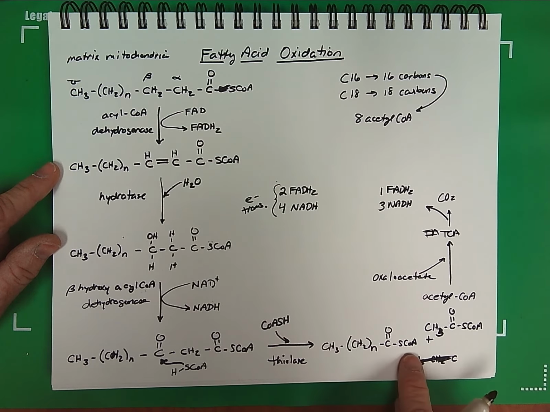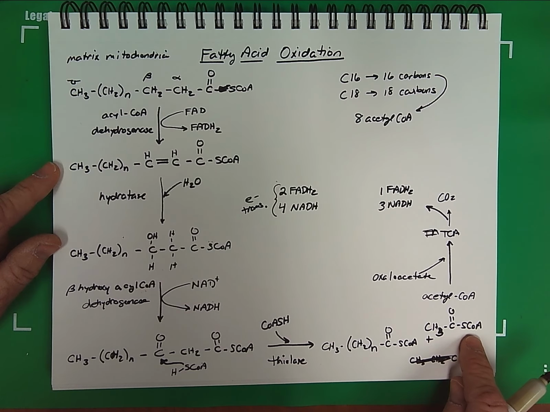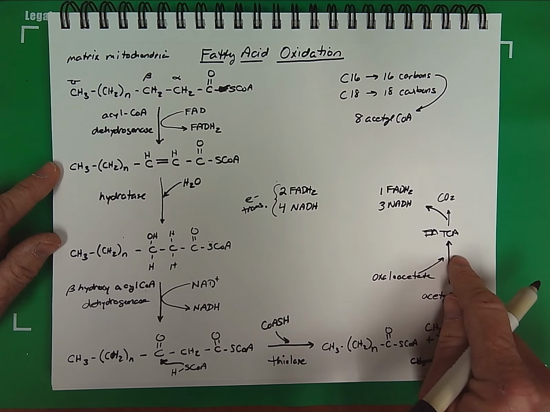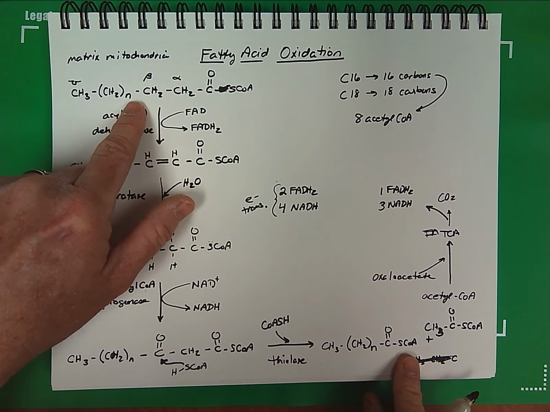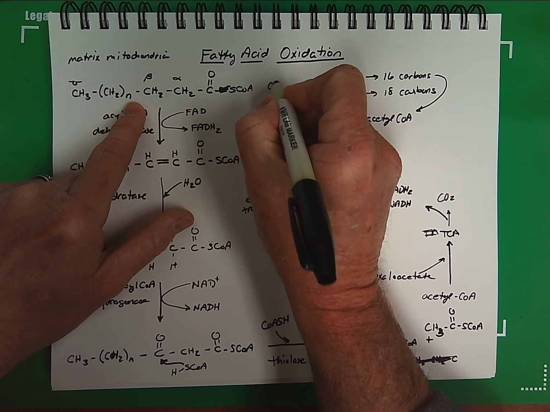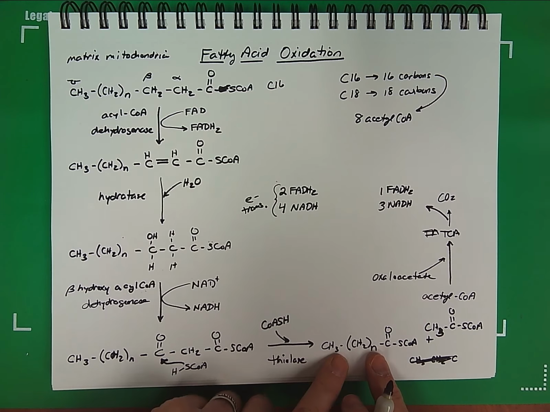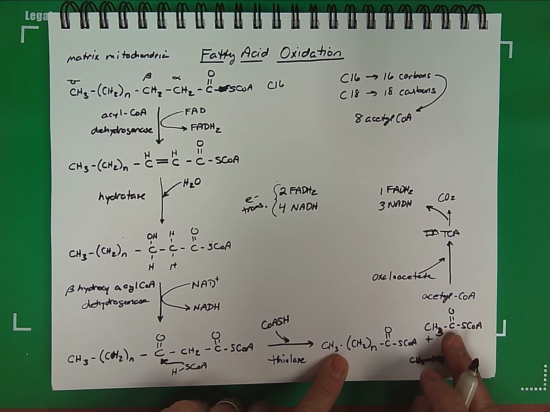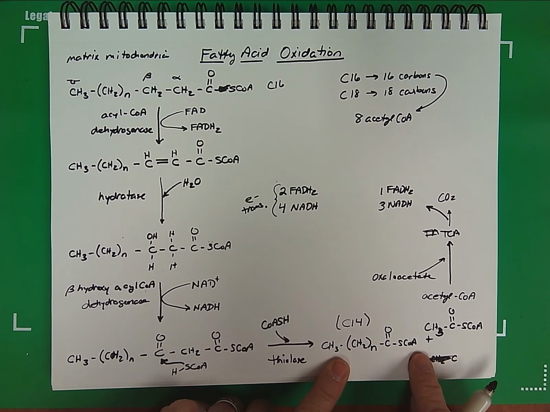Now, the remaining product, we just talked about acetyl-CoA, the fate of acetyl-CoA going into the TCA cycle, but what about the remaining product? So let's say that we started out here with a C16. By the time we get down here, we've removed 2 carbons as acetyl-CoA, and we are left with a C14 molecule. So what do we do with this?